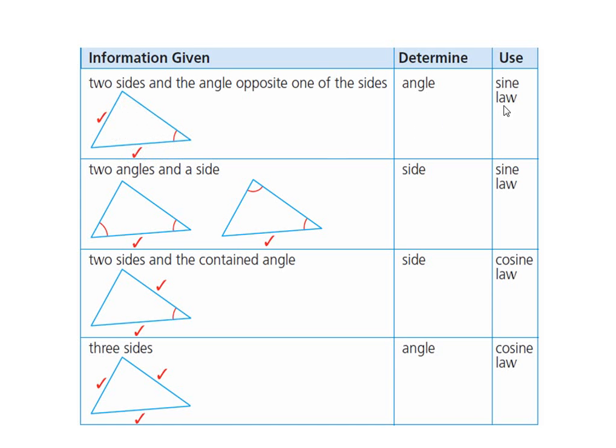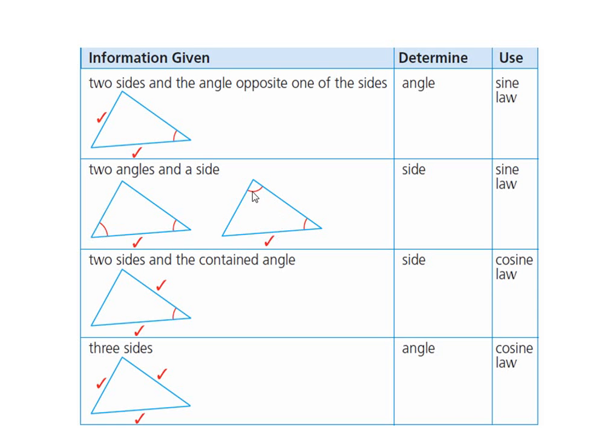SA, then you use sine law to find a second angle. And if you are given two angles, then instinctively you can find the third angle, right? So with three angles and one side, you are able to use sine law to find a second side, right?